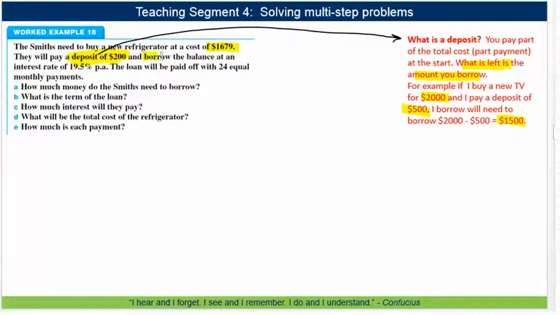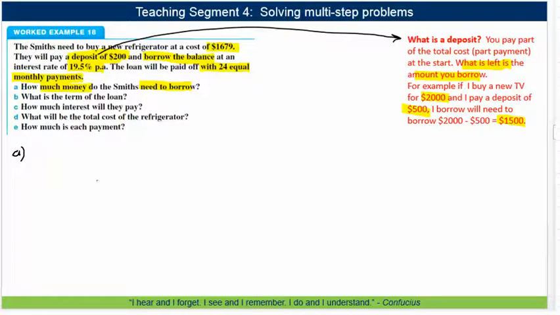And that's what they mean by borrow the balance at an interest rate of 19.5%. And the loan will be repaid in 24 equal monthly repayments. So the first step, how much money do they need to borrow? That's pretty straightforward. So you expect the money answer, need to borrow.